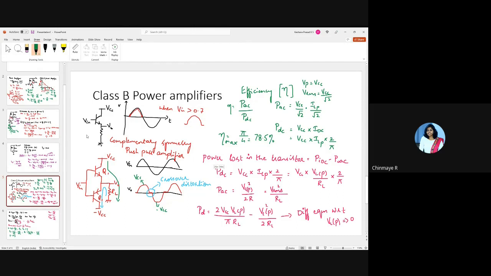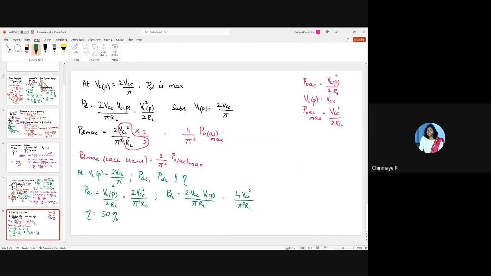How did we do that? We differentiated this equation for PD and equated it to 0 to get the value of VL of P for which PD is maximum. Then we calculated PD maximum. So at VL of P equal to 2 VCC by pi, we calculated the efficiency. This is all we have done till here.